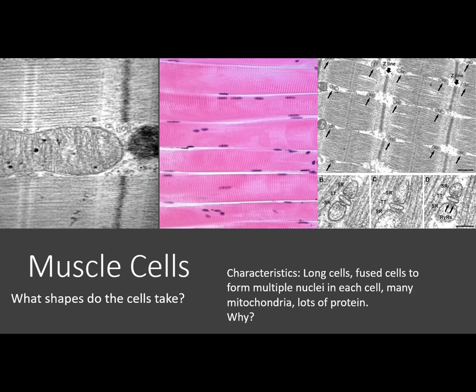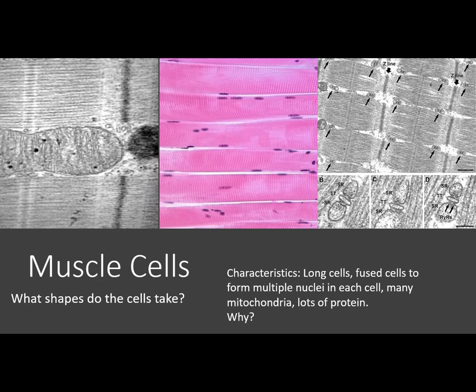And so that's why muscle cells have a lot of mitochondria. And then the protein, obviously, is to build the muscle cells when they tear or break and things like that. And so that is the why for the muscle cells.